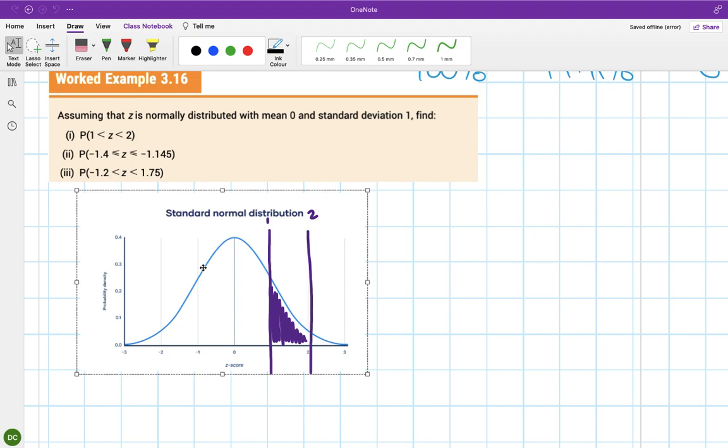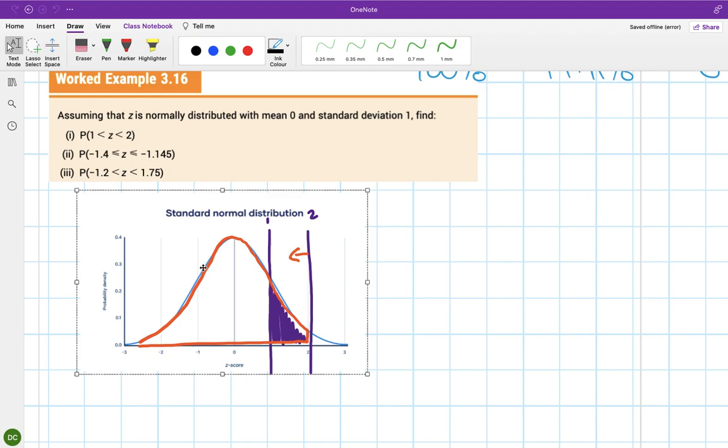Okay, so again, the way we do this, the concept is with areas. If we figure out the probability of it being less than 2, then we get this here.